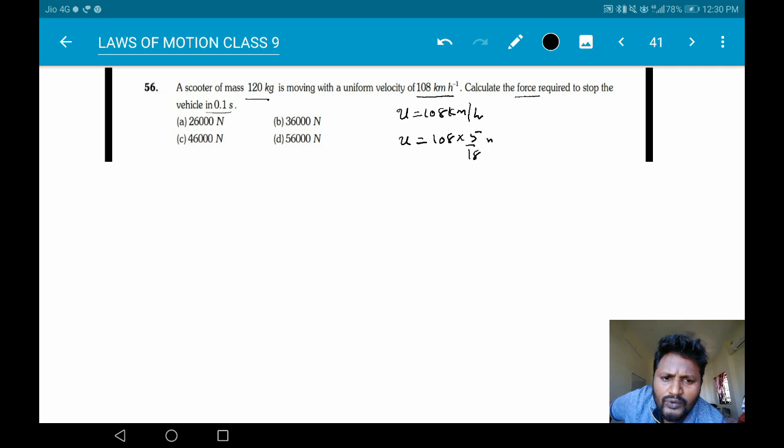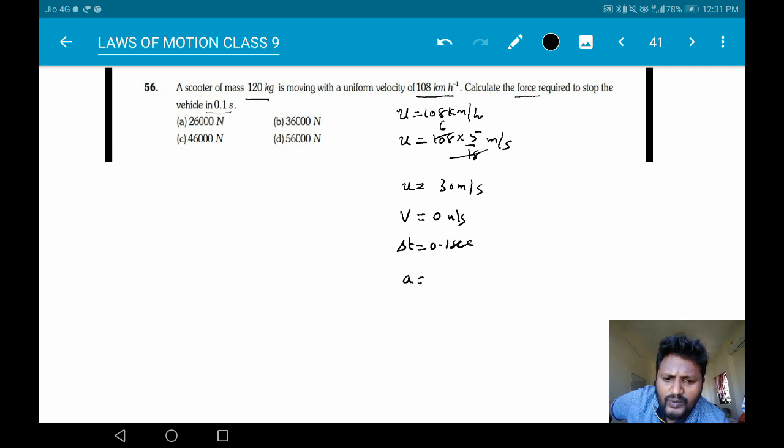Already I told you how to convert kilometer per hour into meter per second when we discussed the chapter motion. Okay, so the initial velocity is 30 meter per second. The force required to stop the body, stop nothing but it comes to 0 speed. So 0 meter per second in a time interval of 0.1 second.